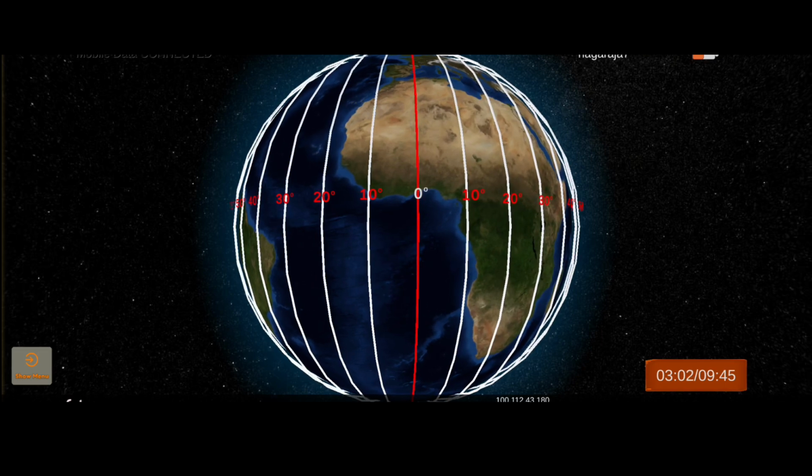To indicate the longitude of a place, we use the suffix E for locations to the east of the prime meridian and the suffix W for locations to the west of the prime meridian.